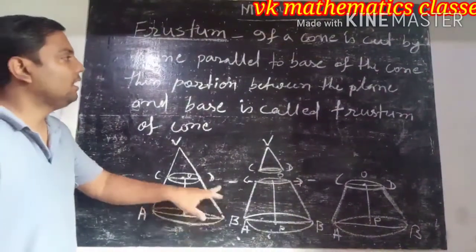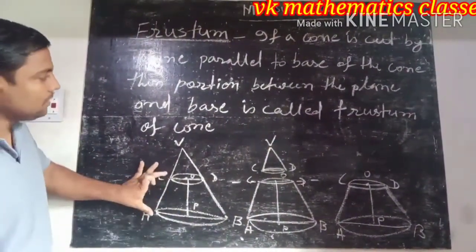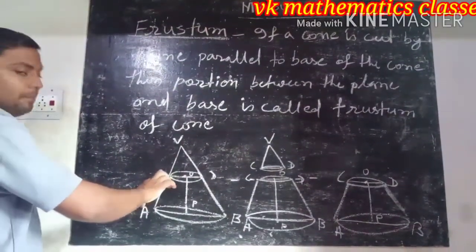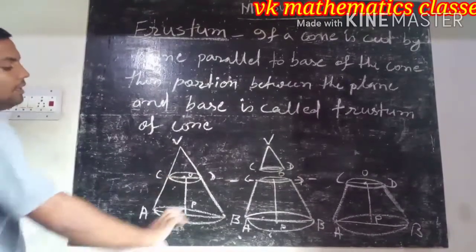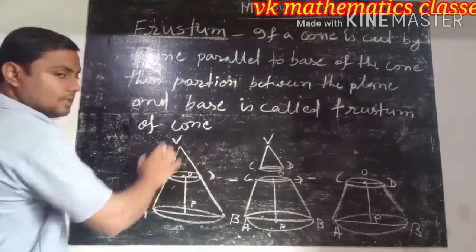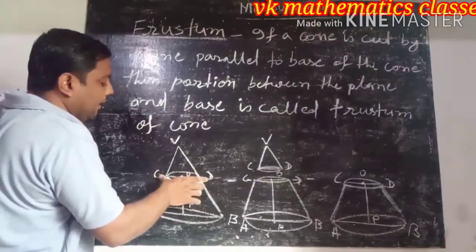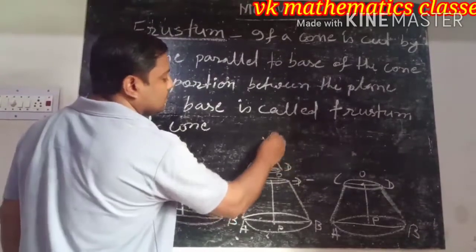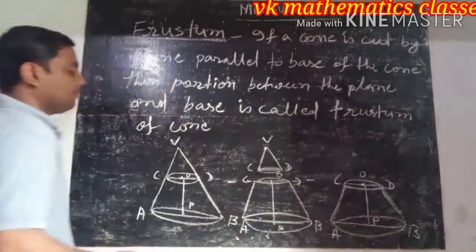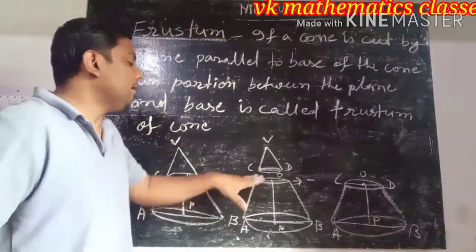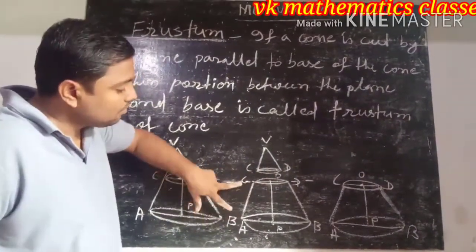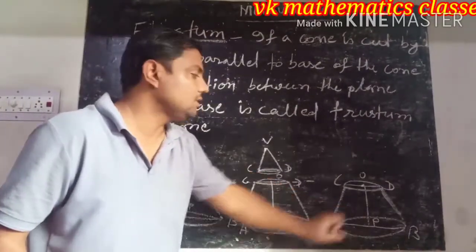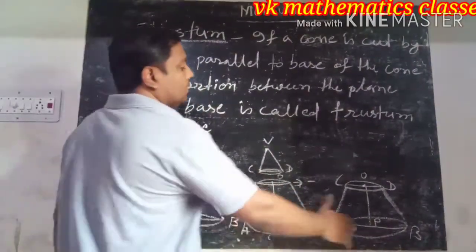This is the vertex of the cone. The portion between the plane and the base, the shape that is this much, is known as the frustum.